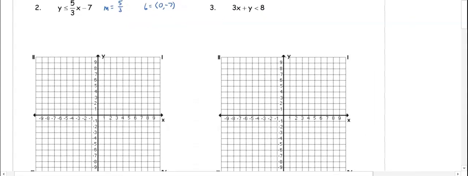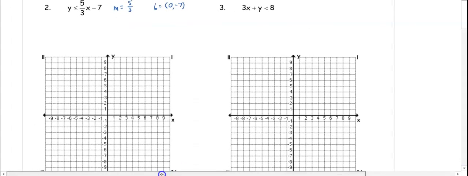So we're going to start out graphing like we would for a normal line. We're going to start at negative 7, and we're going to use our slope up 5, right 3, as far as we can across the board. Once we have our line, we know that we have a less than or equal to sign.